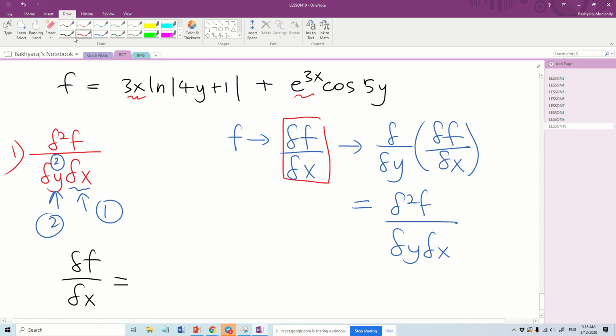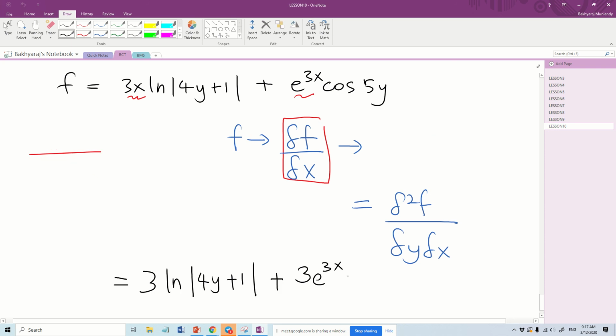I differentiate this, I get 3x become 3, and log 4y plus 1 we copy back because it's a constant, plus when you differentiate exponent 3x become 3 exponent 3x, and cos 5y we just copy back, cos 5y.